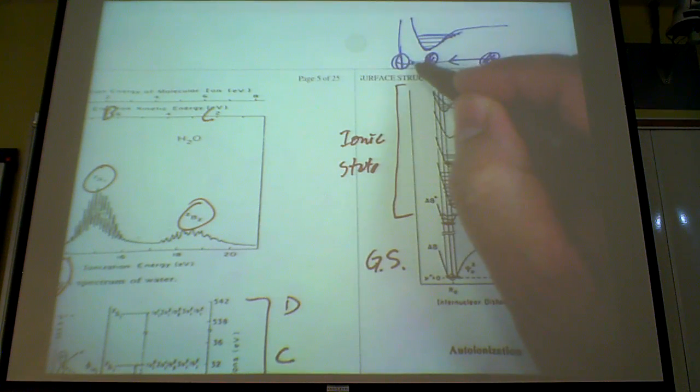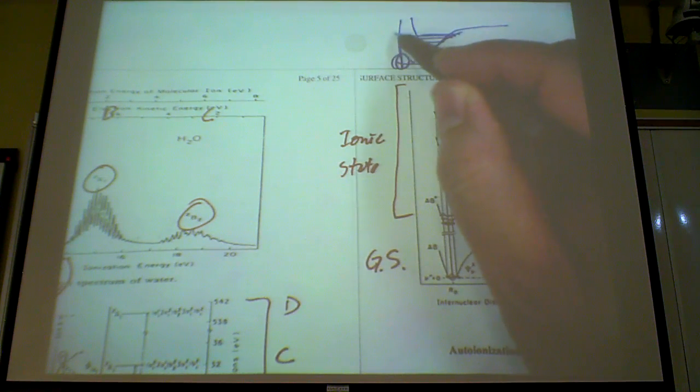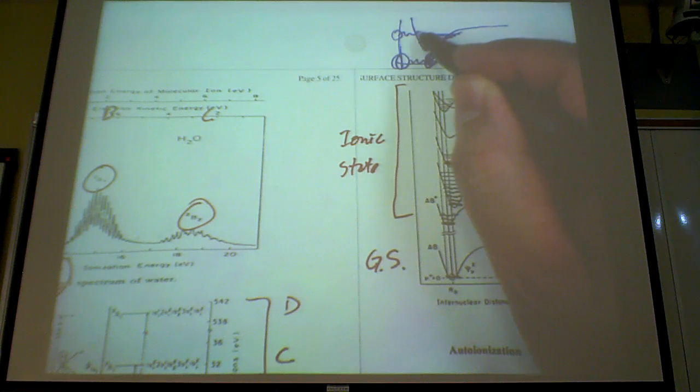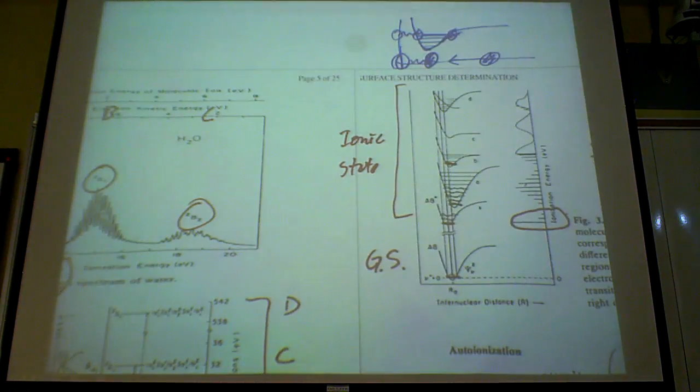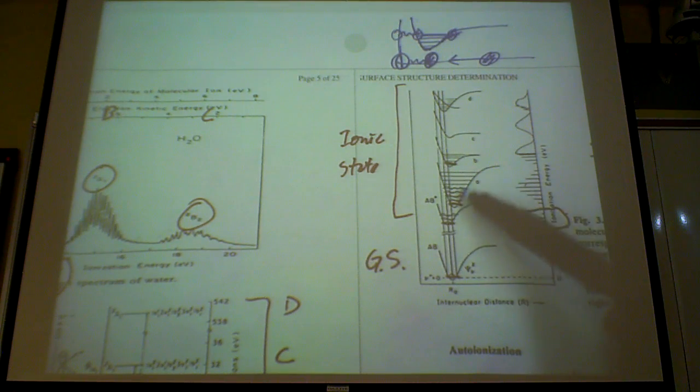So the spring, this is how we draw our picture, right? The spring here can vibrate from here to here. So this so-called potential energy curve is drawn with all these vibrational energy levels.